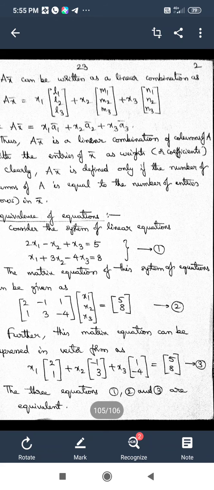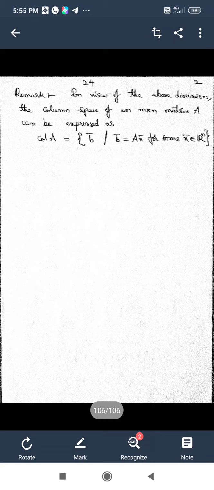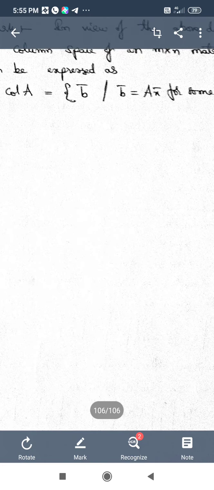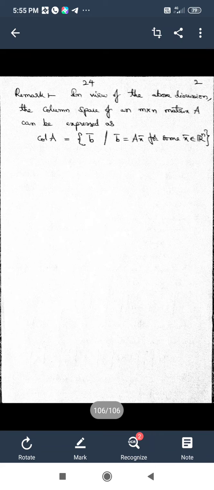And after going through all this, we came to a conclusion that Col A is nothing but the set of b bar such that b bar is equal to A x bar for some x bar belonging to Rn. That means Col A is the set of all column vectors b bar of order m by 1 such that b bar is equal to A x bar, where A is of order m by n and x bar is of order n by 1.